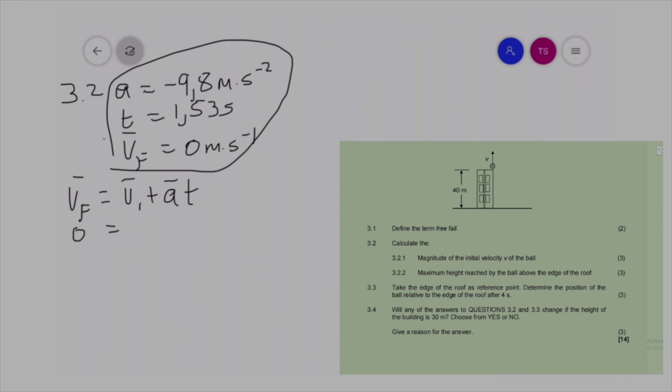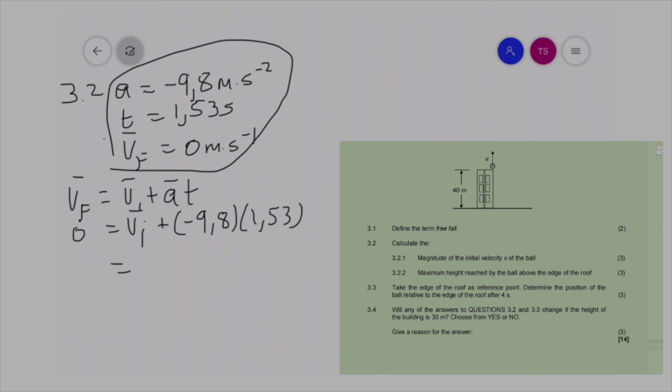Our v final is 0, and then we are looking for our initial velocity, plus negative 9.8 times 1.53.